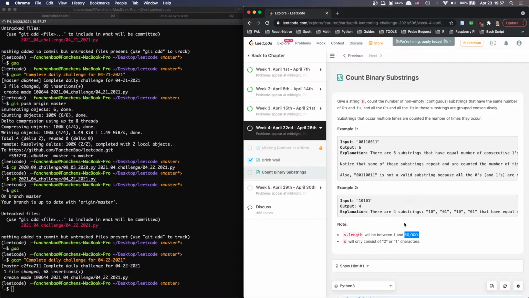So we have positions, right? At the first position, we have a 0, and we need 1, 1. And the second position, now the first position will get updated to 2 ones. The second position will have 1, 1.